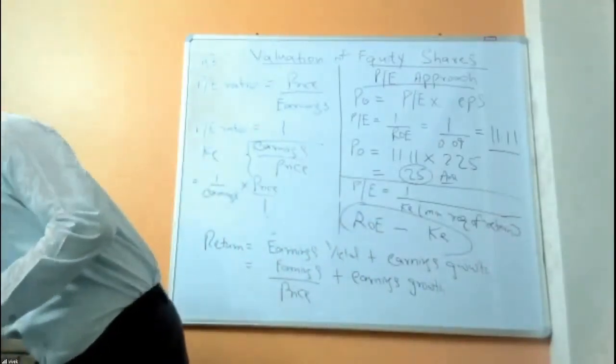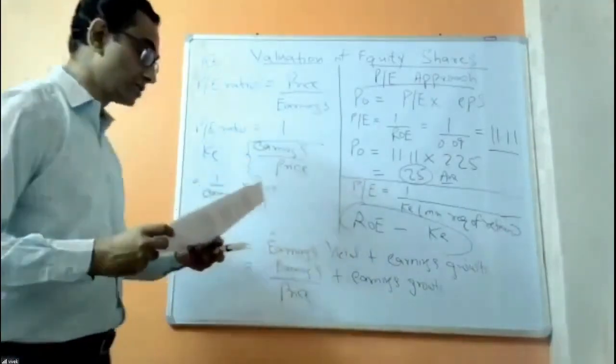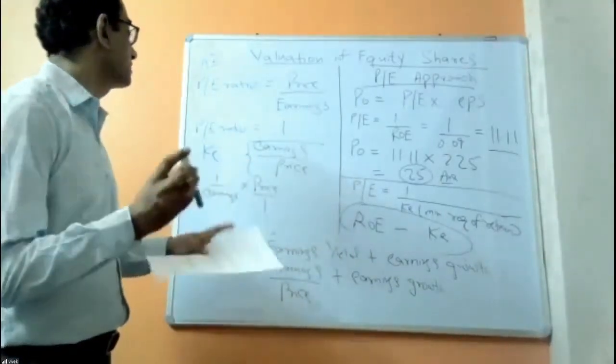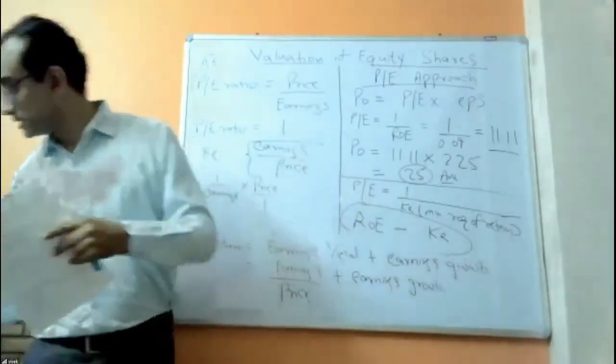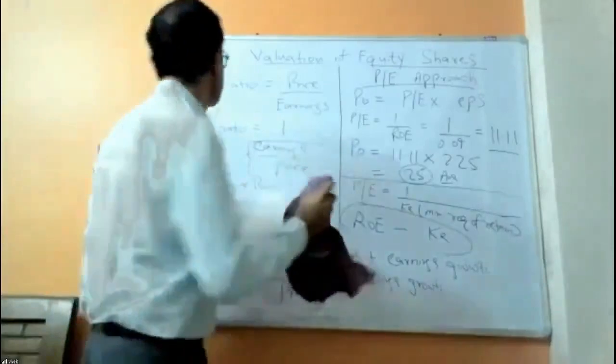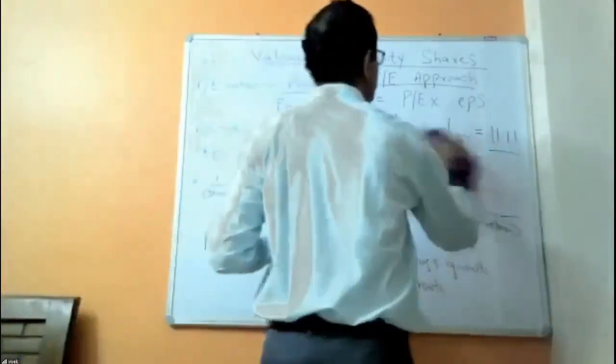Now come to the last aspect of this, that is the earning growth model. We have to also calculate it with the help of the earning growth model, because we have only taken the price earning approach. Let us calculate it by the earning growth approach.